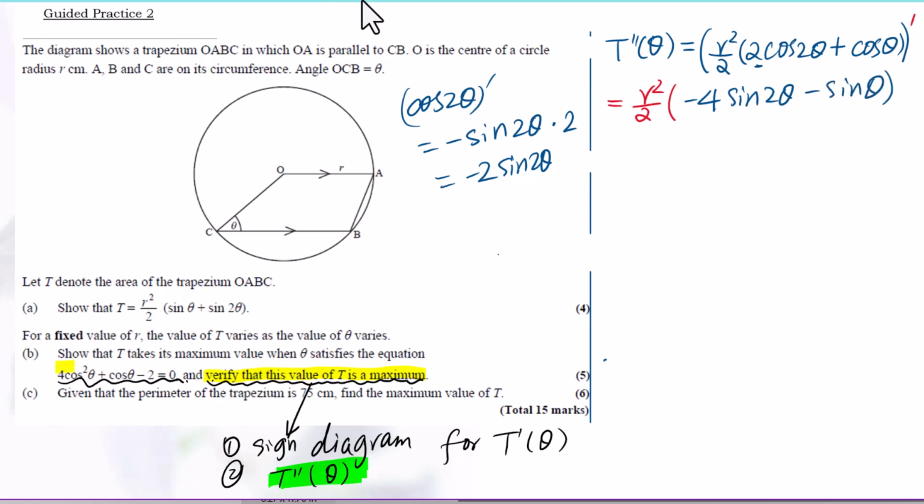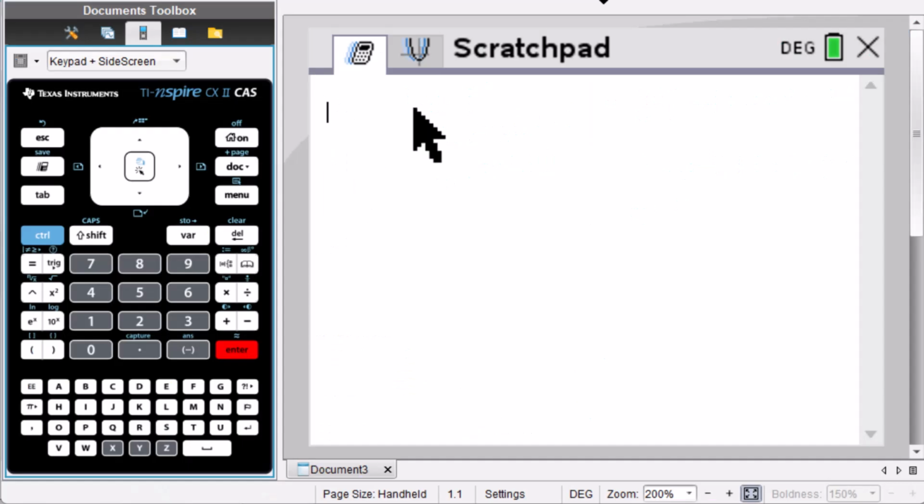Let's solve this equation to figure out the value of theta. For 4 cosine squared theta plus cosine theta minus 2 equals 0, use the solver. Let's go to the scratch pad.